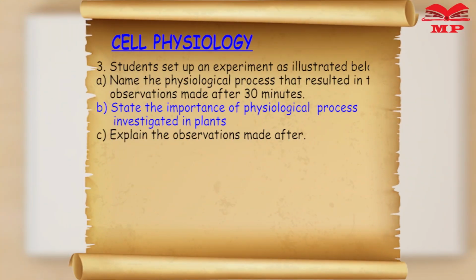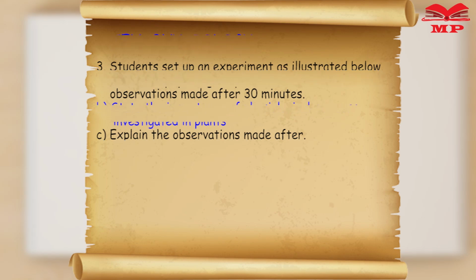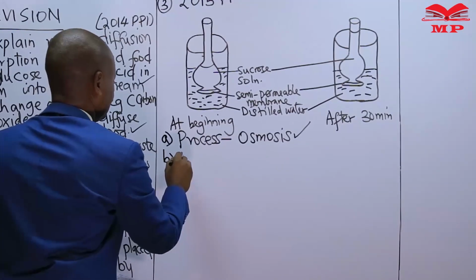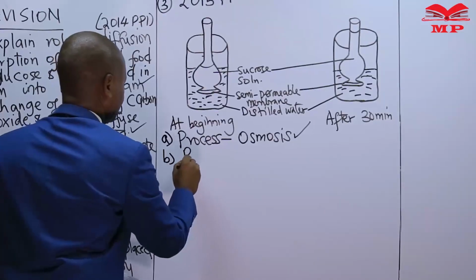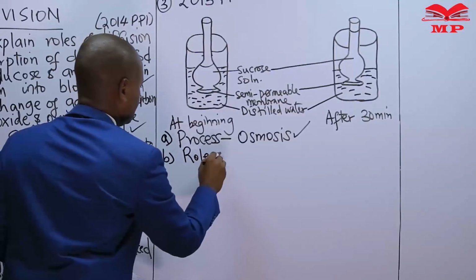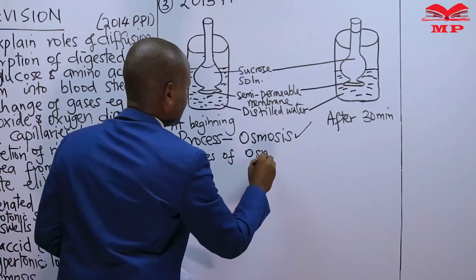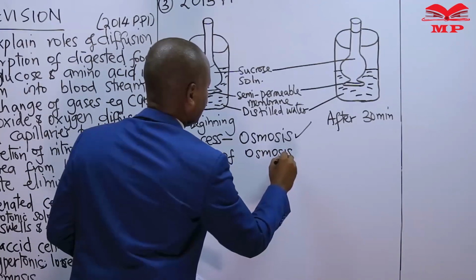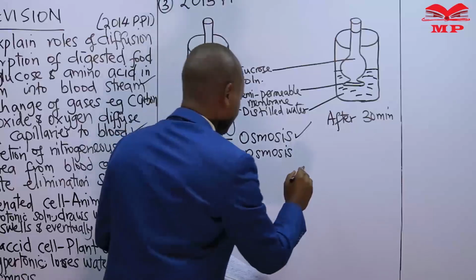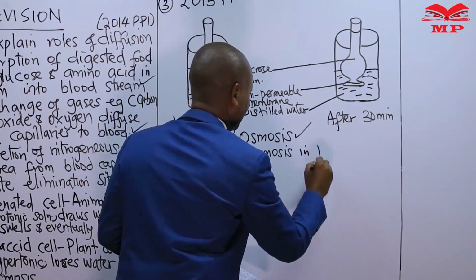Then we have question B. The learner was supposed to state the importance of the physiological process investigated in plants. So in other words, the learner is expected to give the roles of osmosis. And here it is not just in all organisms, but in plants.